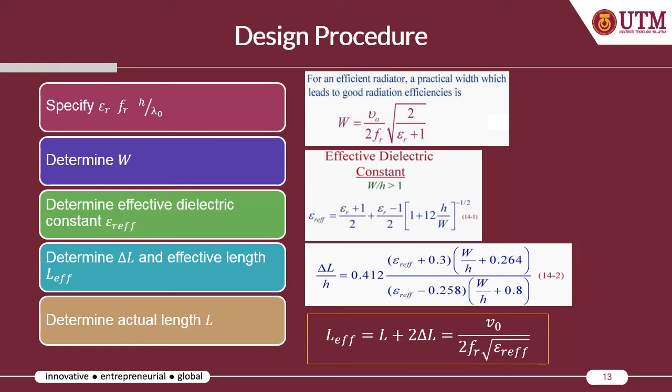Okay, let's have a look at the steps or procedure to design a microstrip patch antenna. So the first step is to specify the parameters or the characteristics of the patch: the relative permittivity or dielectric constant, the resonant frequency required, and the ratio between H, the thickness of the substrate, divided by lambda naught, the free space wavelength.